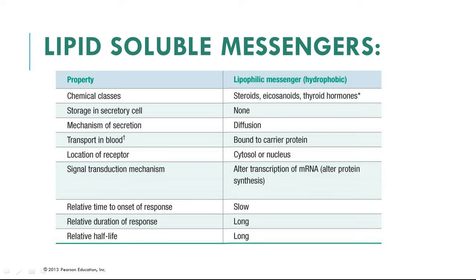In your blood, not only do you have water, red blood cells and white blood cells, you have proteins. You get them from your diet, et cetera. And proteins, we said, are more which type of solubility? Water soluble. So we can transport lipid soluble, or lipophilic, molecules by just binding them to some protein.